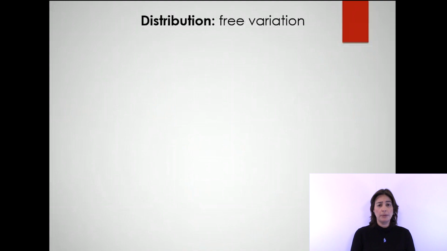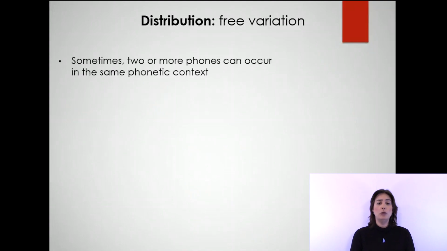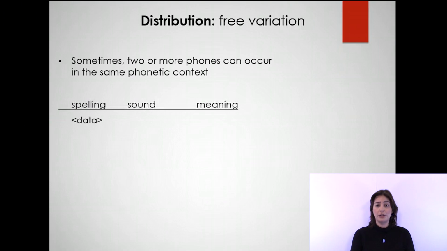There is a third possibility of sound organization in a language. Sometimes two or more phones can occur in the same phonetic context without causing a change in meaning. In fact, whether one or the other appears seems to be completely random. For example, the word that appears on your screen can be pronounced as data or data, but this variation does not change its meaning.